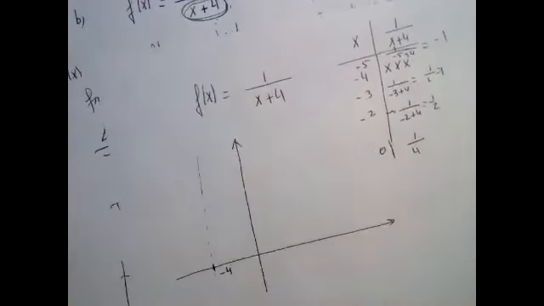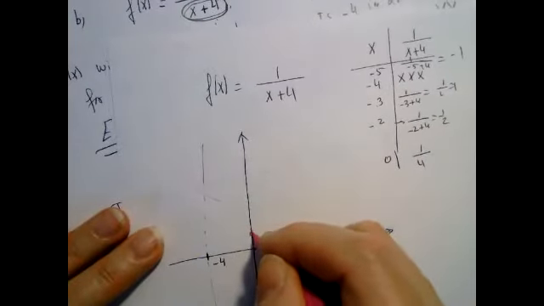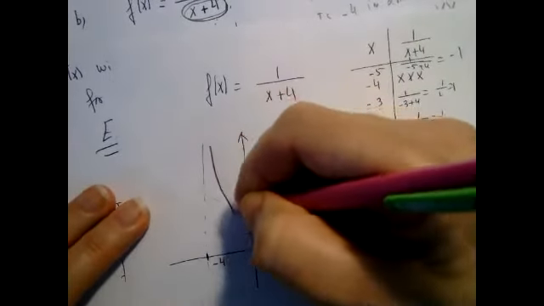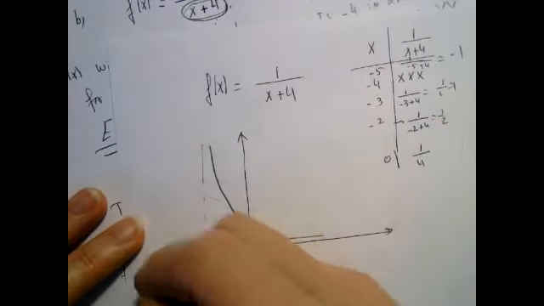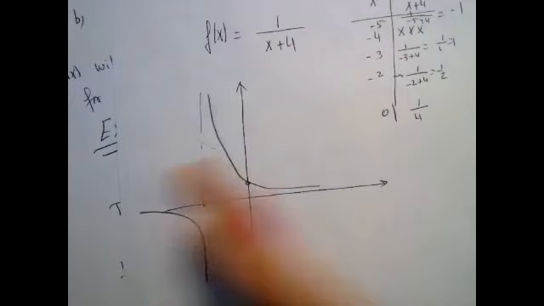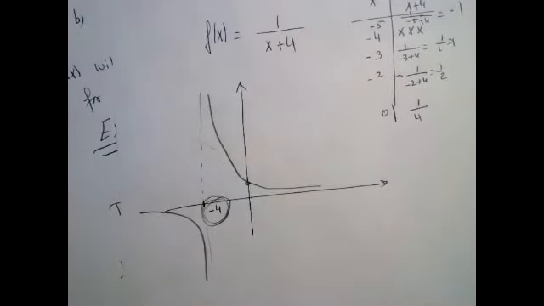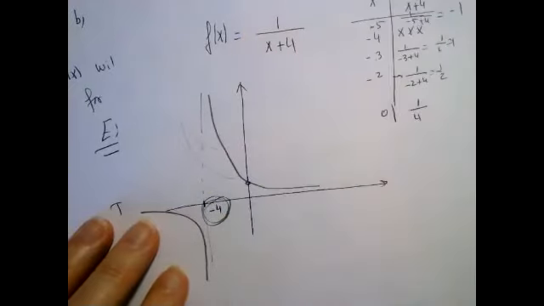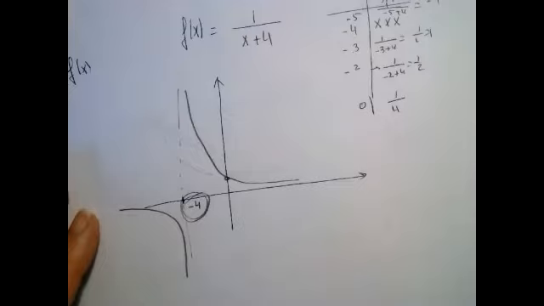If I start plotting these points, you're going to have a graph that looks something like that: 2 pieces. It will be totally 2 pieces because at minus 4 there is no output. So the graph will never hit minus 4. And that's really the effect on the graph.